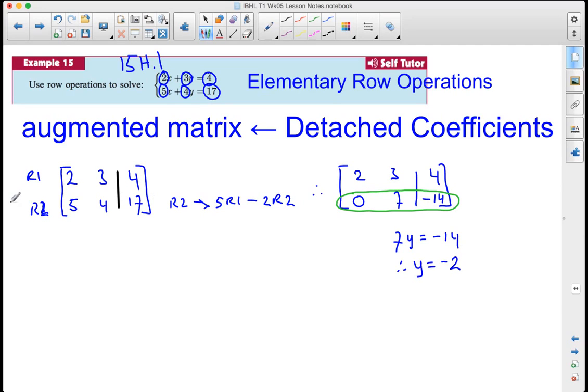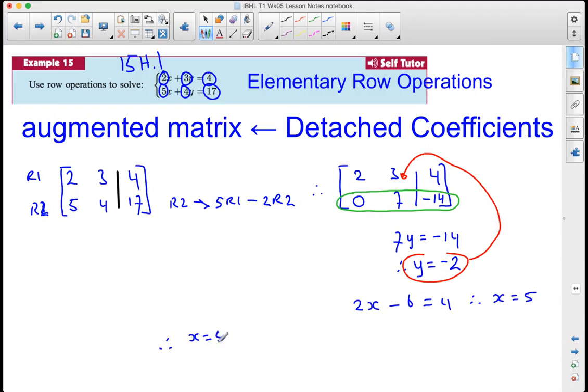And if I take that result and plug it in here, because there's a y there, really, it says 2x take 6 equals 4. Or in other words, 2x is 10, x equals 5. So here are the answers. x equals 5 and y equals negative 2.